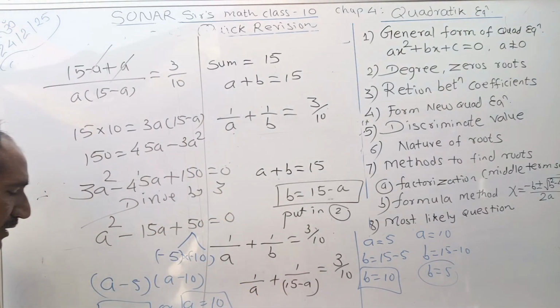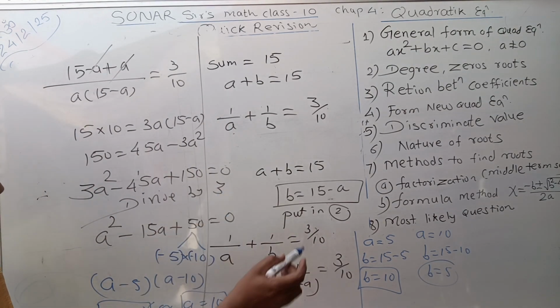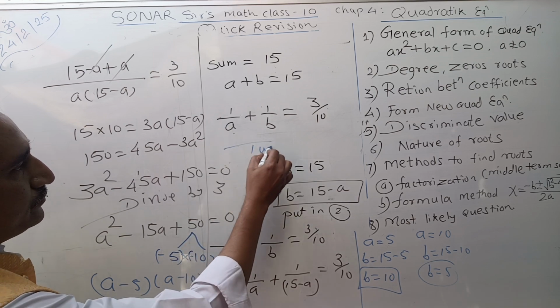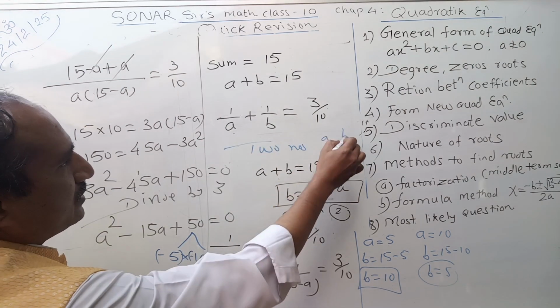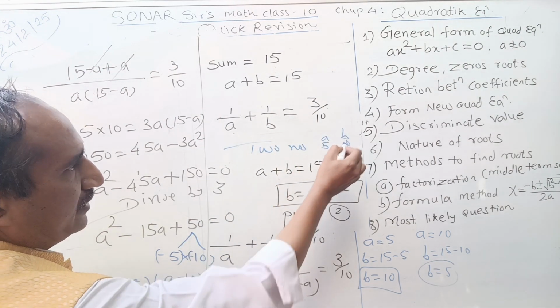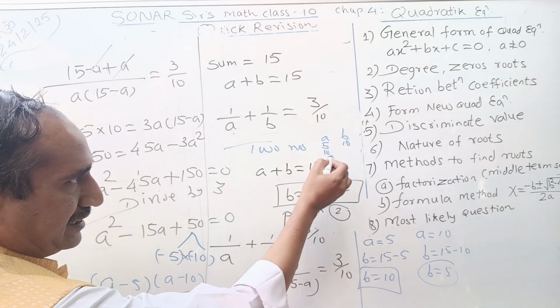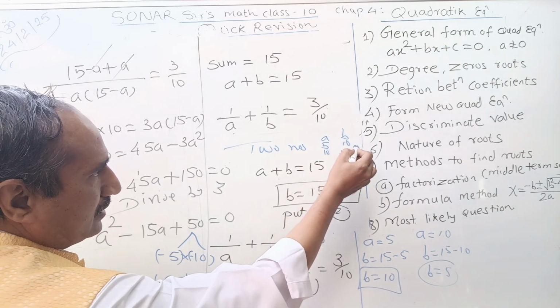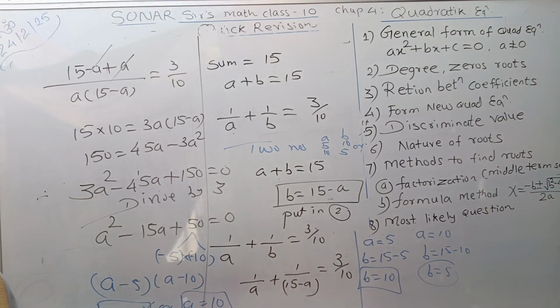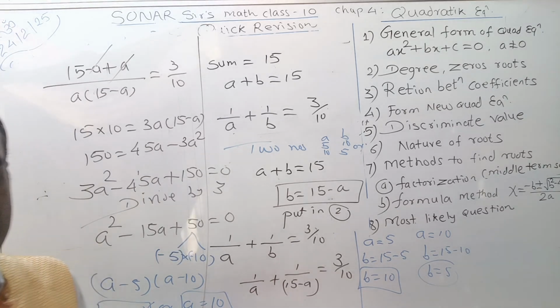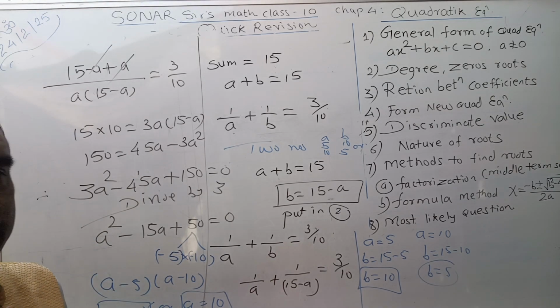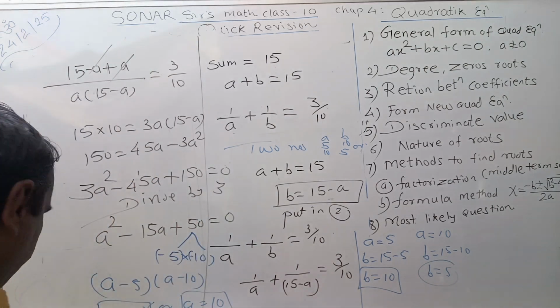So the two numbers a and b: if a is 5, b is 10, and if a is 10, b is 5. Both are answers. So you can write down a is 5, b is 10, or a is 10, b is 5. Like this we can write down the answer.